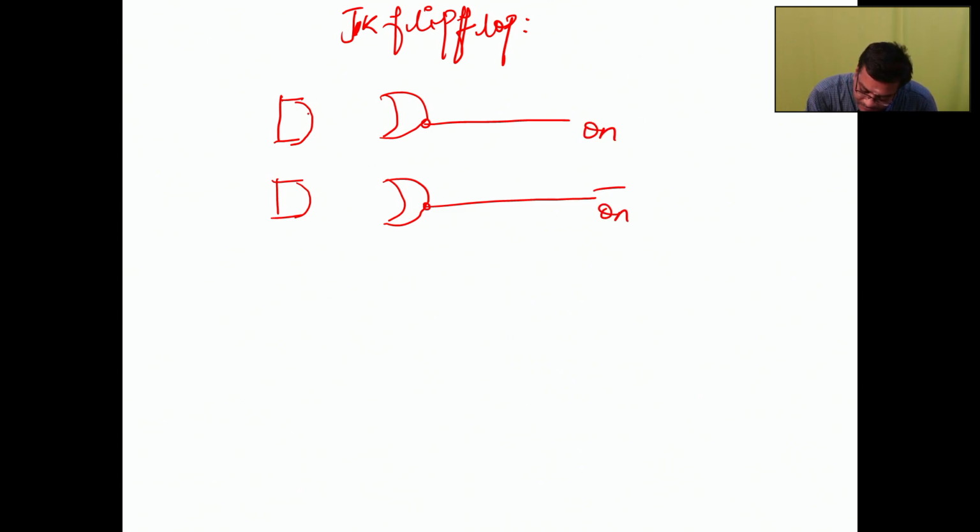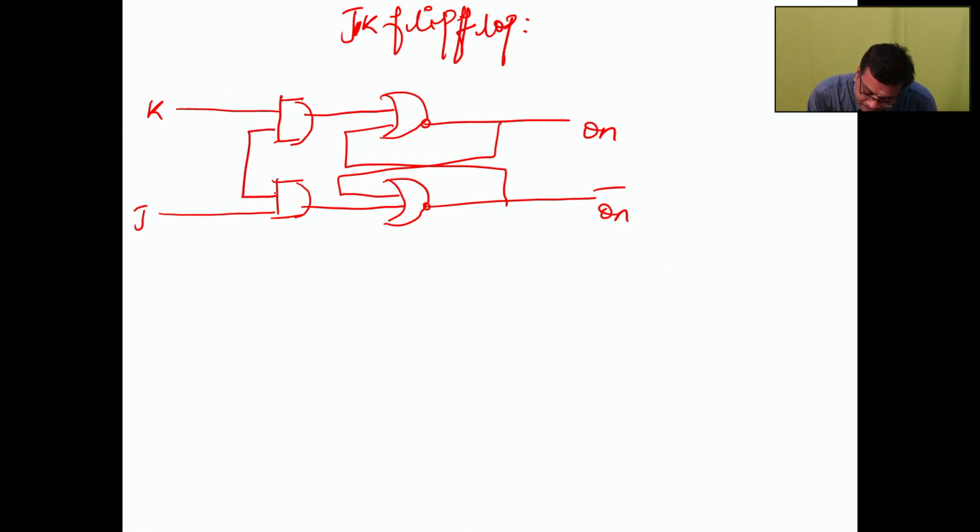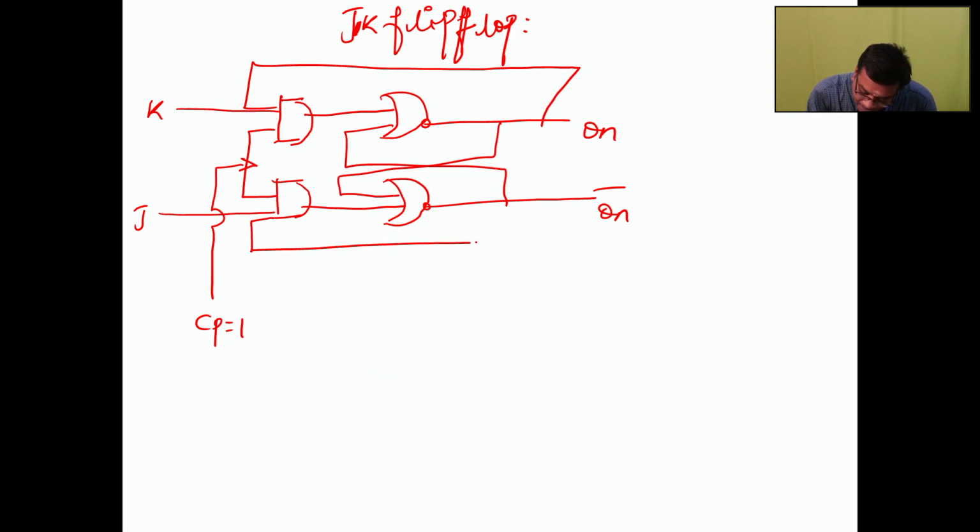It has outputs Qn and Qn bar, inputs K and J, and the clock pulse equal to 1 here. This is first, this is second.